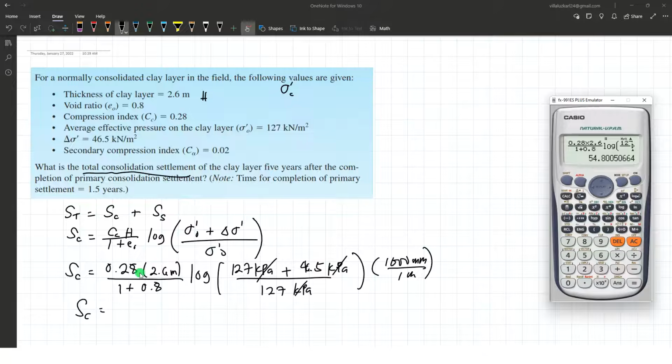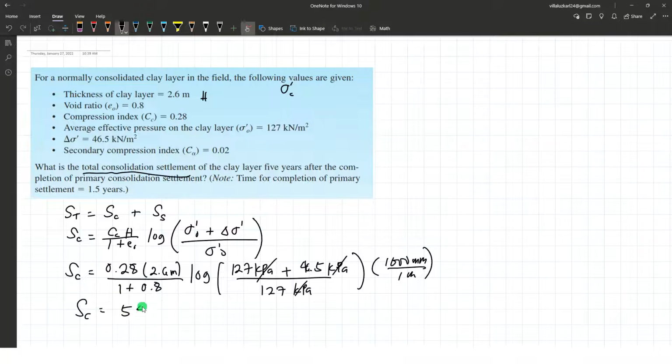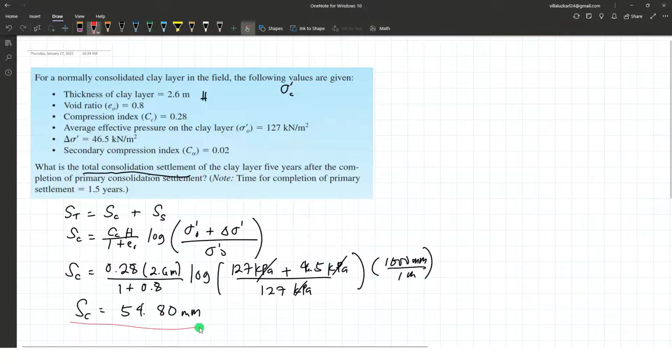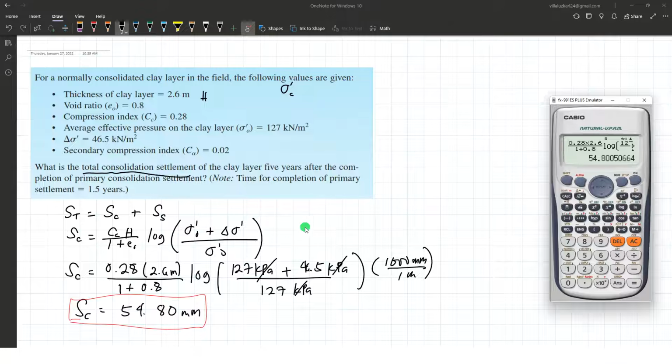That will be 54.80 mm. So this is your answer here for the primary consolidation settlement.